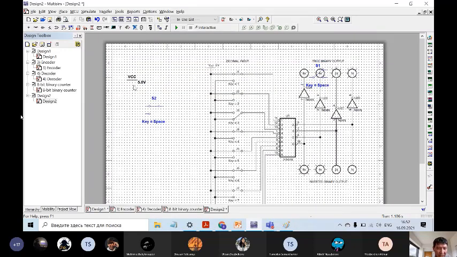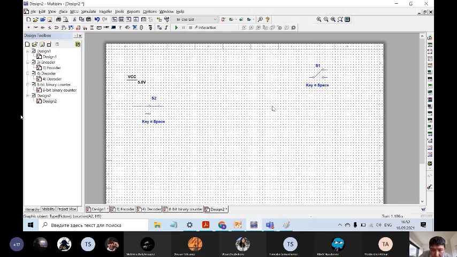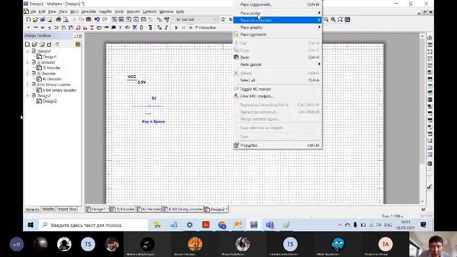I will show only one connection, okay? I don't know how to move this one. Maybe I need to delete. Also delete. So guys, next I will choose my integrated circuit.